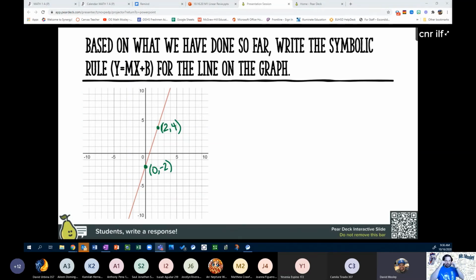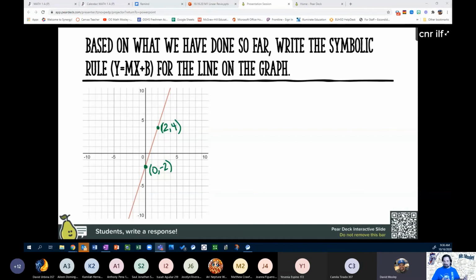The slope, or the rate of change, goes with the variable of x, right? Because we multiply by x, whatever value x is, for every unit we move over. And the y value of the y-intercept of -2 is the last part of that, -2.